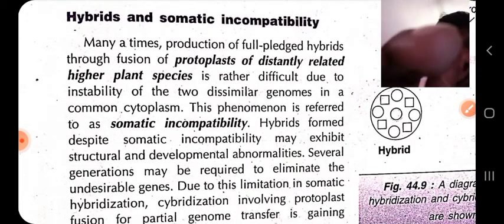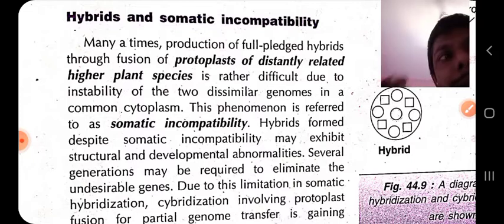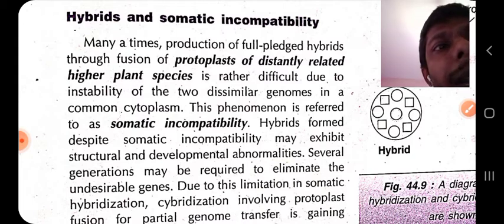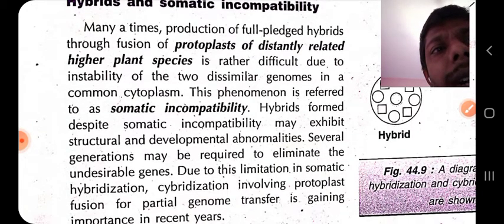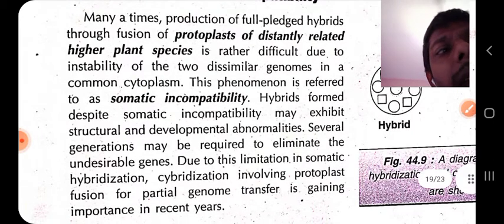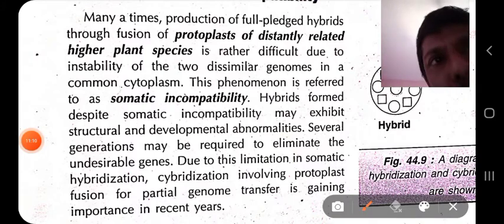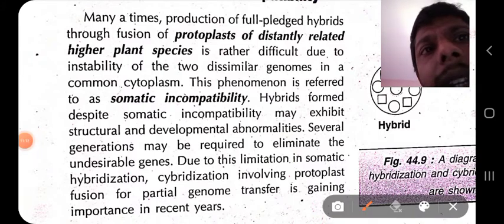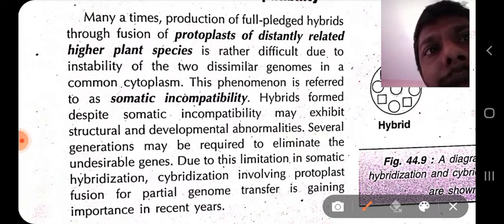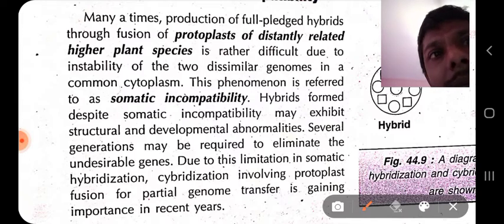Hybrids and somatic incompatibility. What does it mean? It is saying that many times production of fully fertile hybrids through fusion of protoplasts of distantly related higher plant species is rather difficult due to instability of two dissimilar genomes in a common cytoplasm. When we try to fuse the protoplasts, theoretically it is possible. We fuse the protoplasts by polyethylene glycol mediated fusion, or with a combination of high calcium, high pH method of fusion.